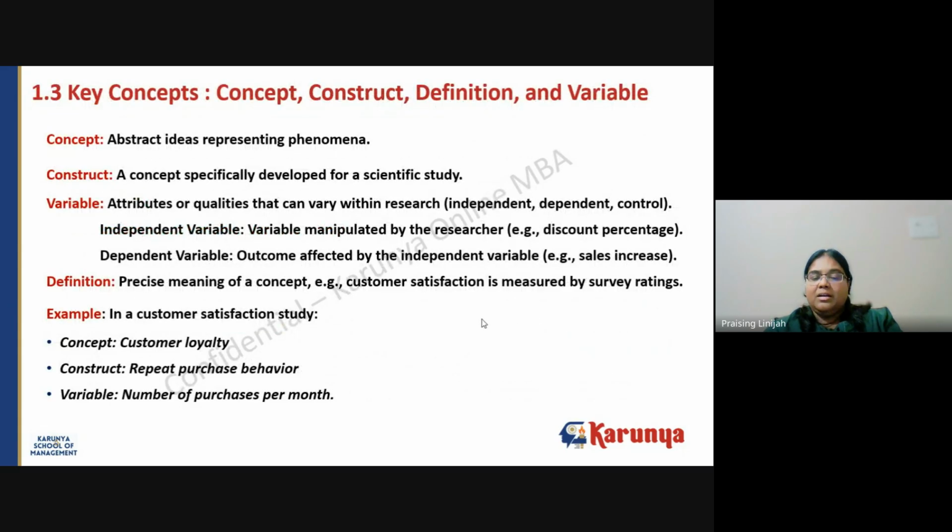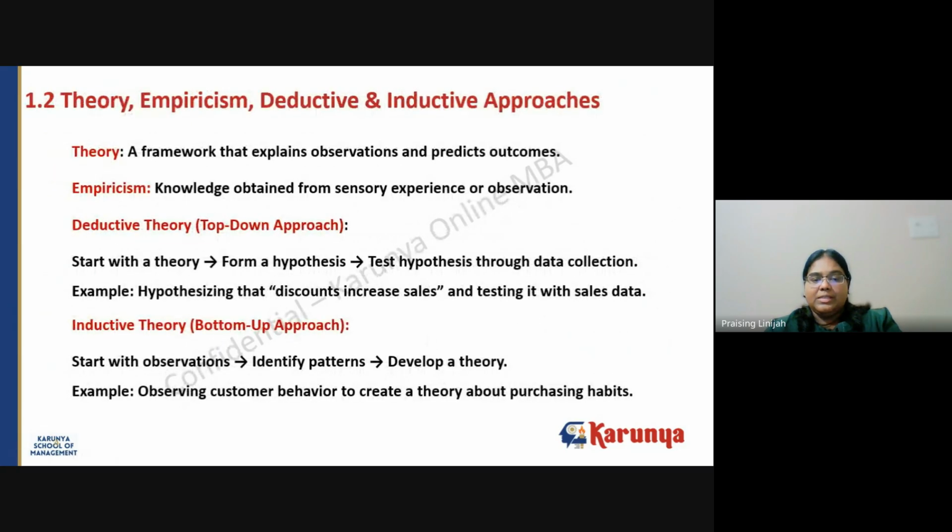Let me just give you an example for this. Say for example, discounts. In a deductive approach, we start with the theory and propose a hypothesis like discount increases sales, which means gather sales data and then test the theory through some statistical tools.